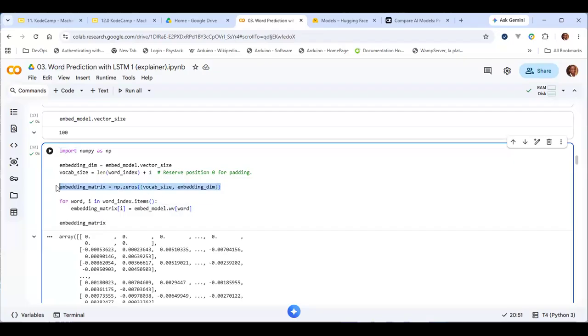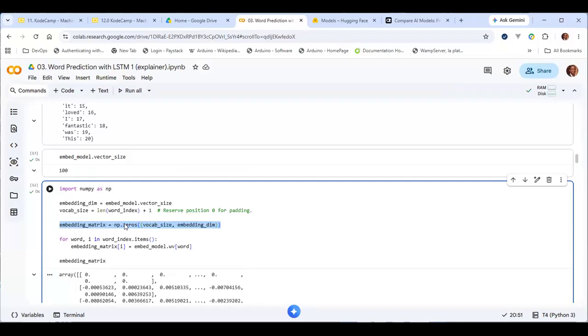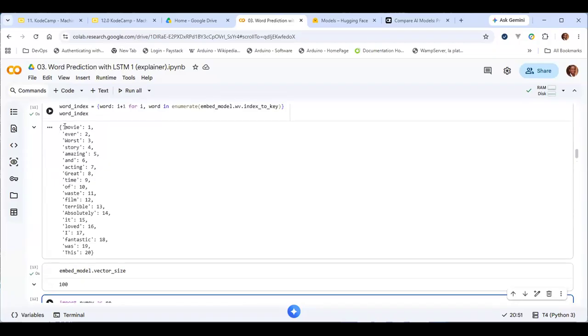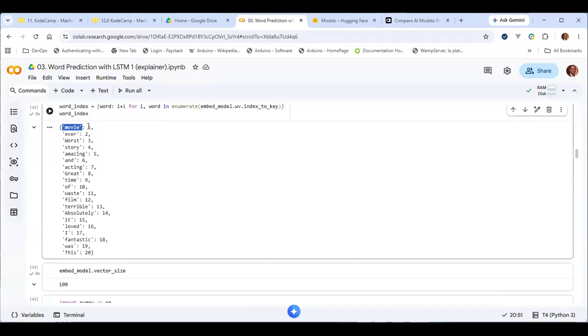So the embedding matrix is now made up of basically a NumPy array where the number of rows is the vocabulary size plus one, where the zeroth element is the padding, and then the embedding dimension is the depth. Okay, so this will allow you to tune all your embedding. So you now loop through your word index. Remember, your word index allows you to map your word to its position.